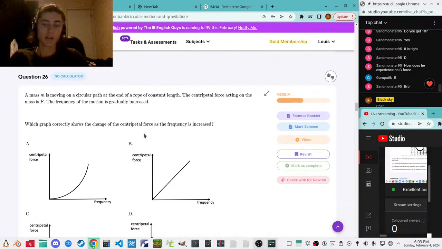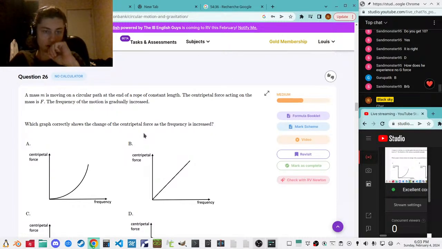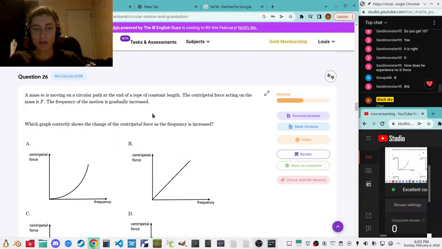Mass M is moving on a circular path at the end of a rope of constant length. The centripetal force acting on the mass is F. The frequency of the motion is gradually increased. Which graph correctly shows the change of centripetal force as the frequency increases?